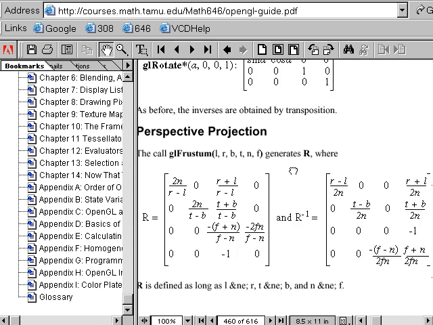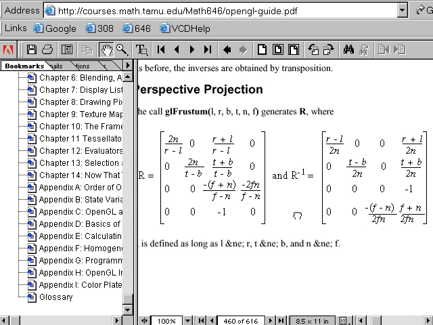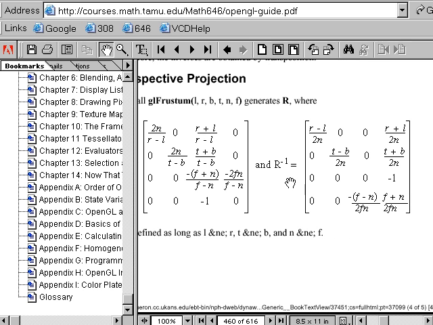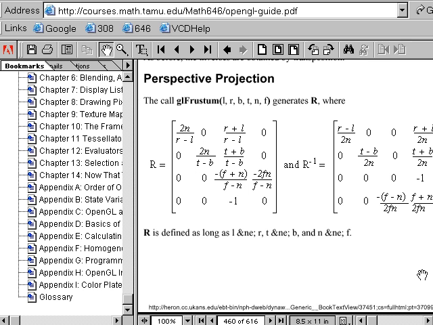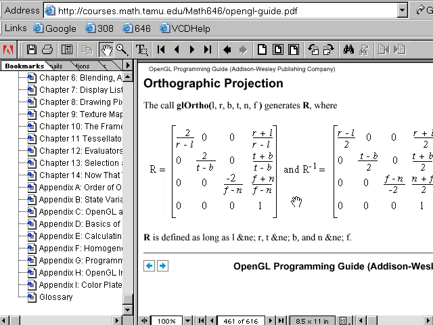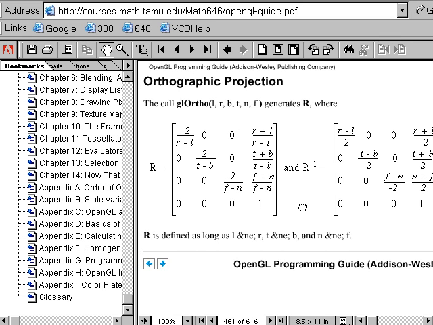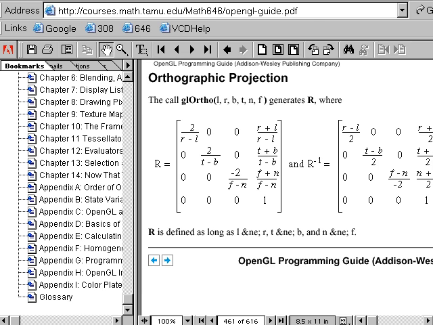Now, in case you were wondering what some of the other things were, there's a perspective where you can multiply your points by this, and that's the inverse. And that gives you a sort of trapezoidal perspective, and then this gives you an orthographic perspective.